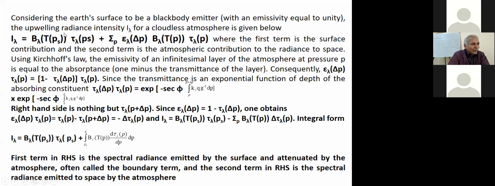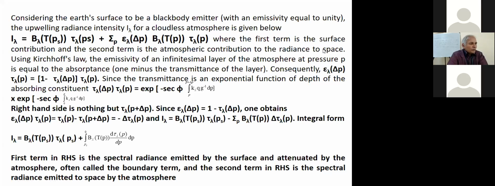If I sum it over different layers in the vertical, I will find out the contribution of each and every layer. So the first term is the surface contribution, the second term is the atmospheric contribution to the radiance to space.